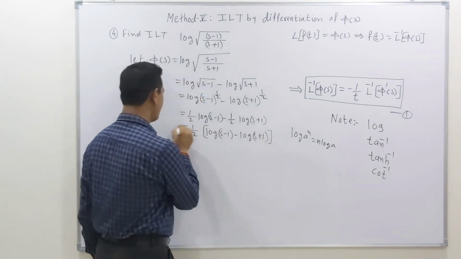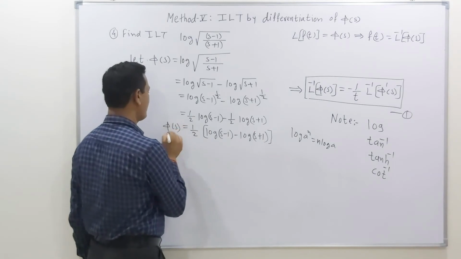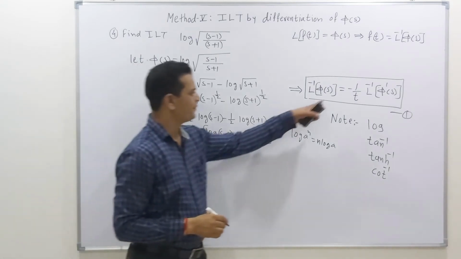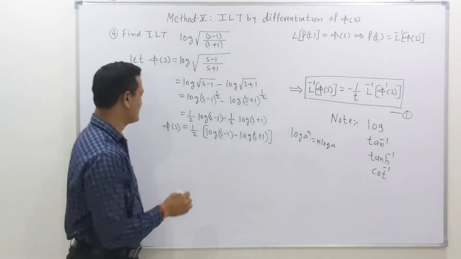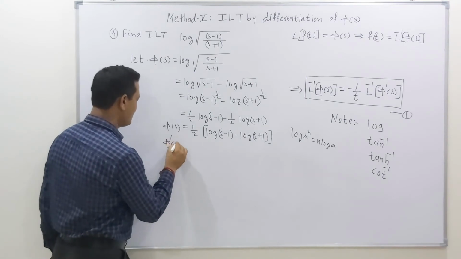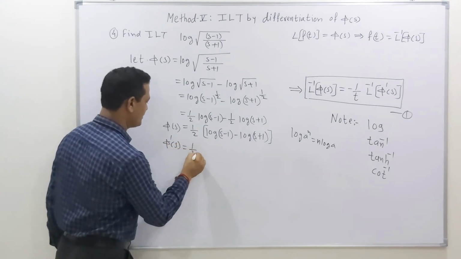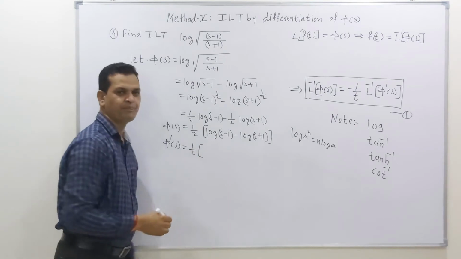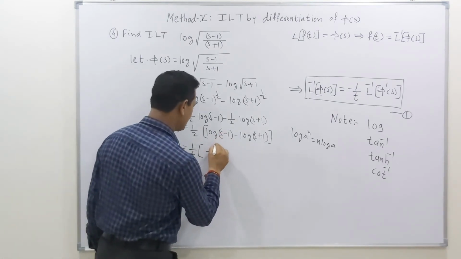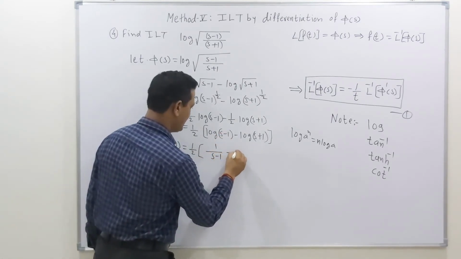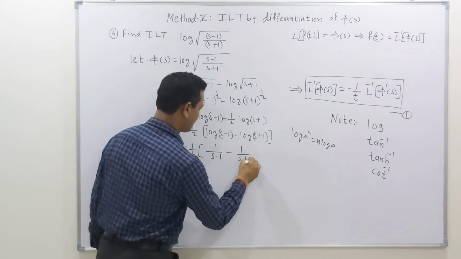So this is the value of phi of s. Now to apply this result, find the value of phi dash of s. So now take its derivative. So phi dash of s is equal to 1 upon 2 as it is. So derivative of this function is 1 upon s minus 1 minus 1 upon s plus 1, which is straightforward.